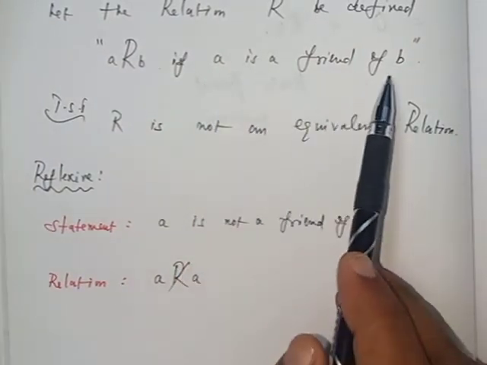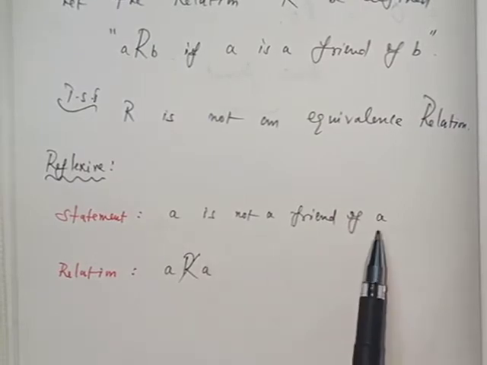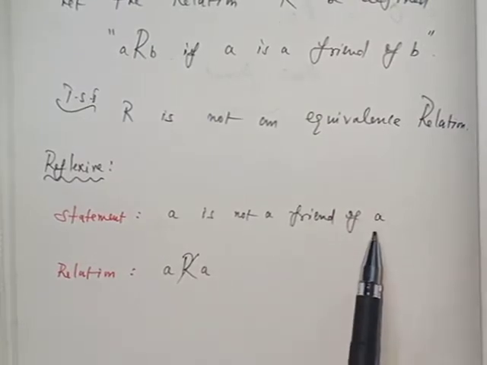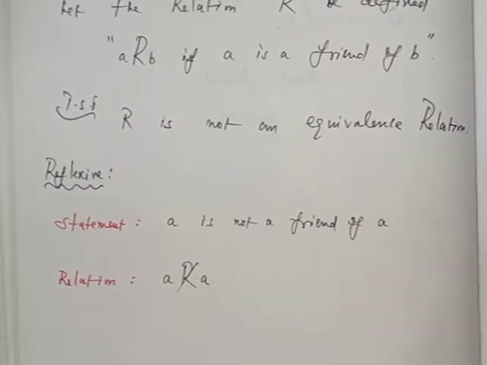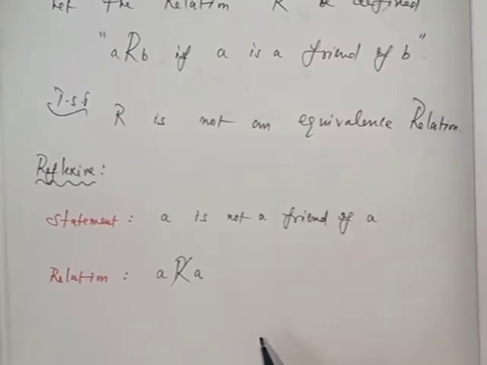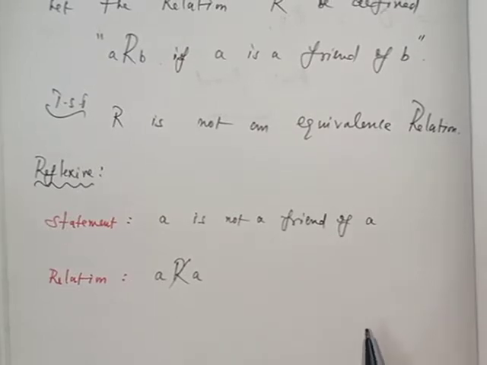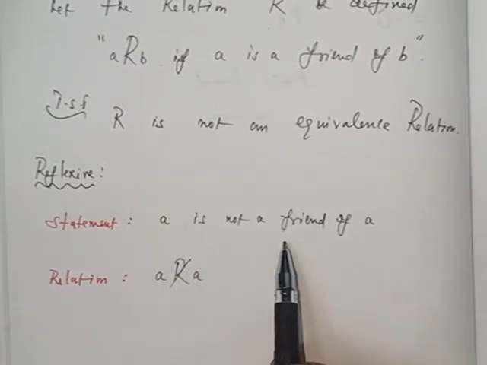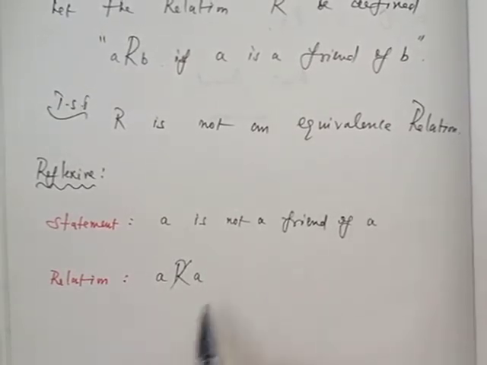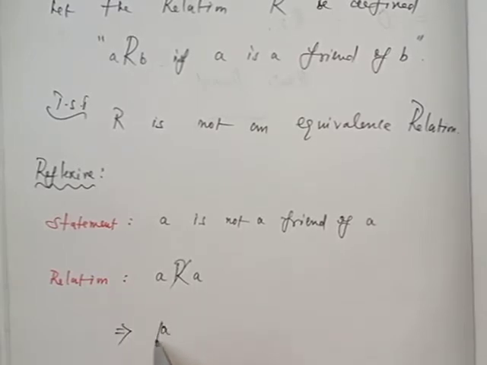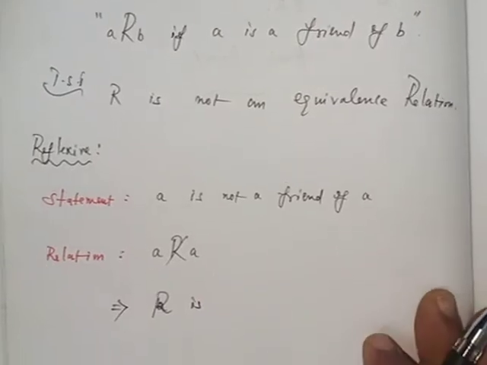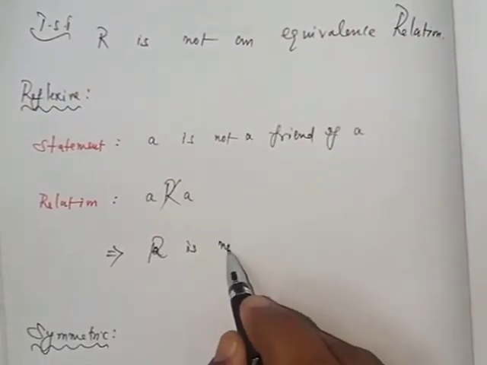A is a friend of B, but what is here? A is not a friend of A. You can say, I am a friend of myself, but not always. So you have to mention A is not a friend of A. Therefore, A is related to A fails, that is, R is not reflexive.